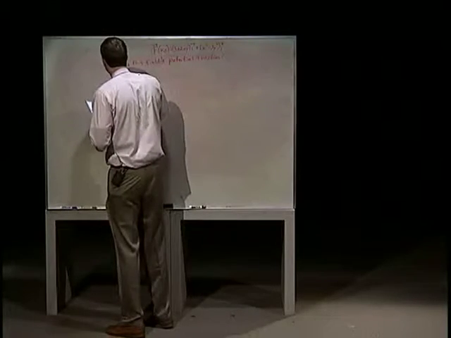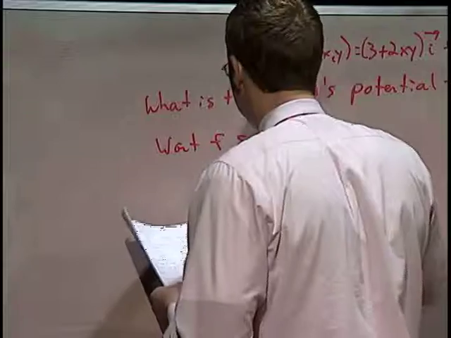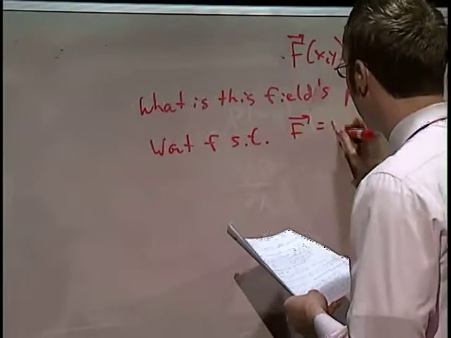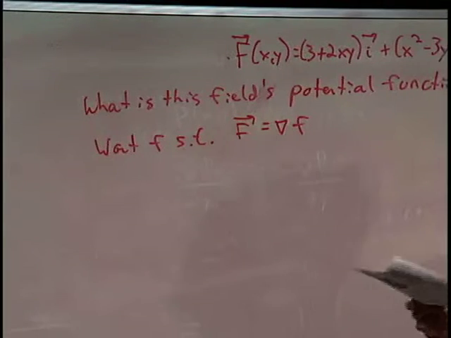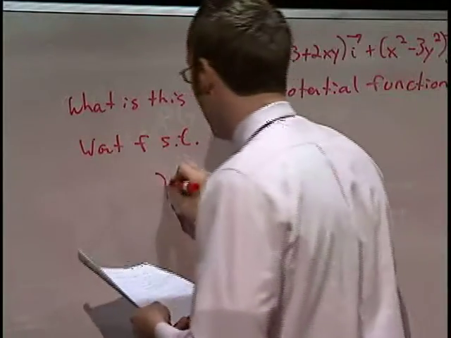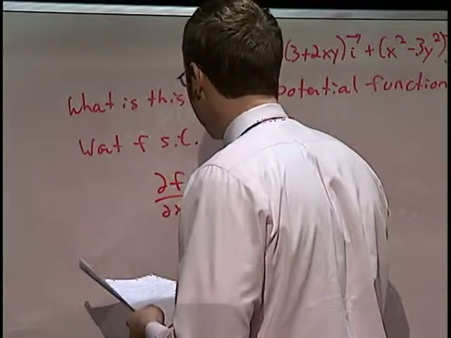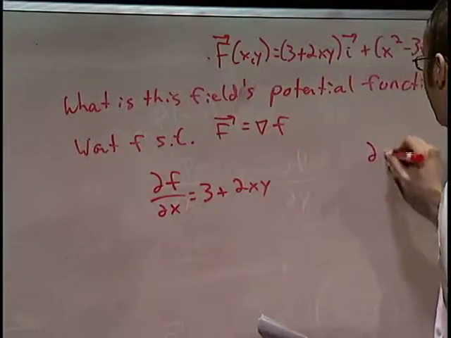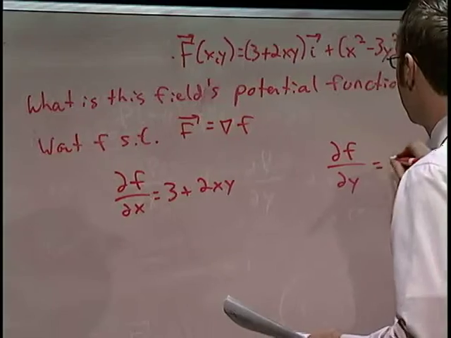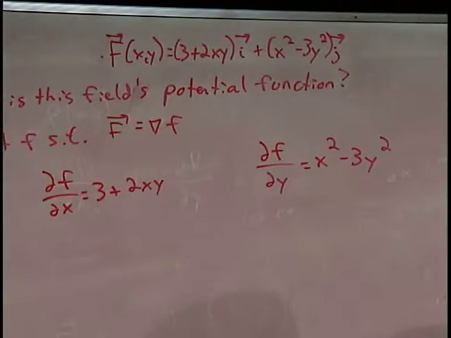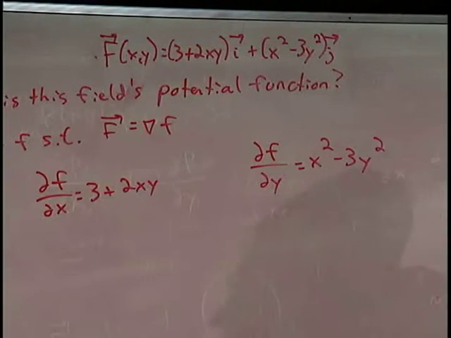Okay, so let's see here. We want an f such that F equals del f. And this time, it's not going to be quite so obvious. We have to do a little bit of work here. So we want partial f partial x to be 3 plus 2xy, and we want partial f partial y to be x squared minus 3y squared. And these must be satisfied simultaneously by the same function, right?